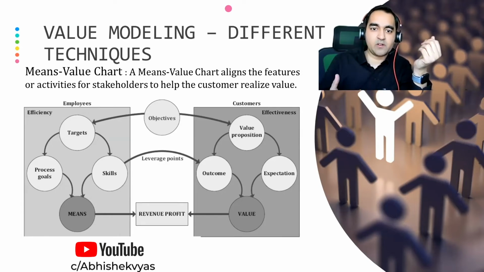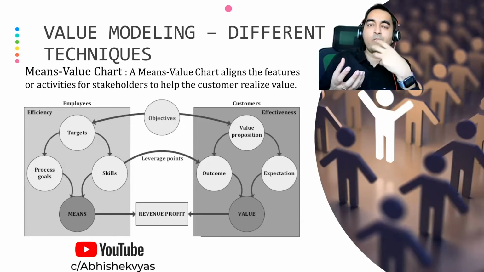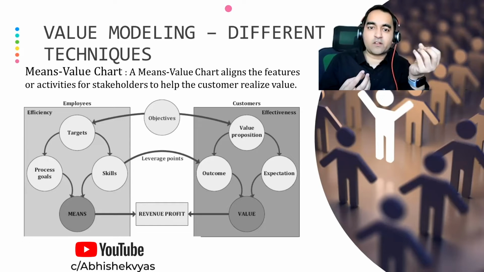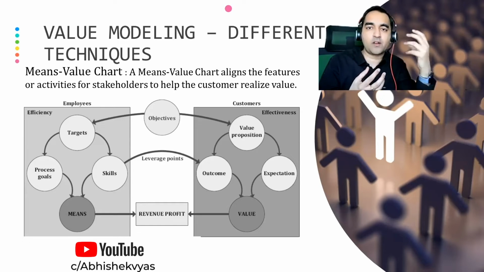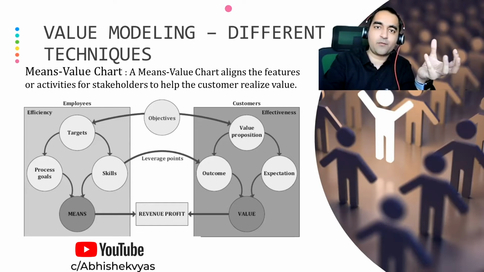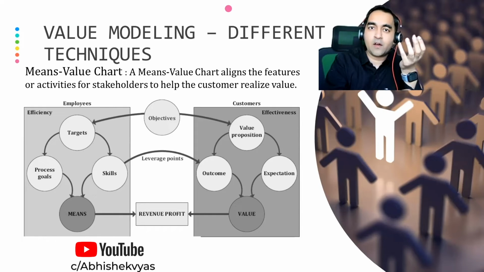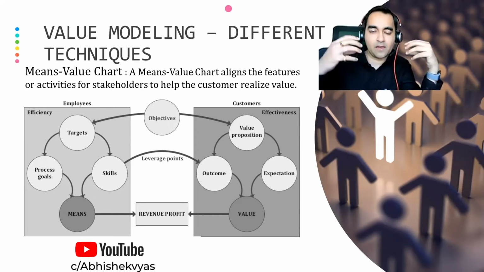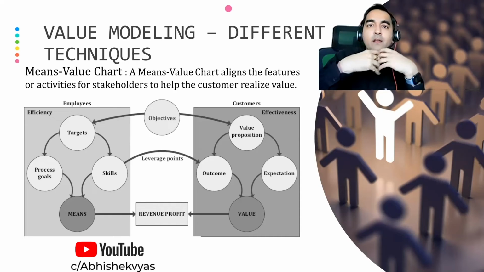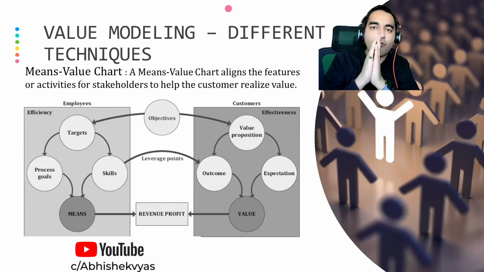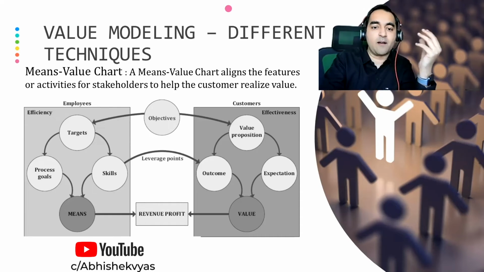From customers they will get value or revenue based on what they give to the customer. So the value proposition, the outcome, the expectation. And on the left hand side they will have the employee cost, which means the means of achieving this, and combining them will give an overall value for the company.